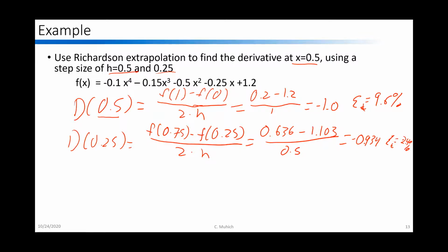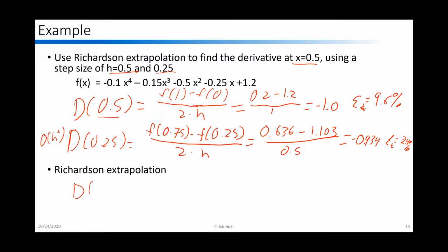And so now I can go in and calculate my Richardson extrapolation. So remember, I have order h squared, because that's what my central difference gives me.